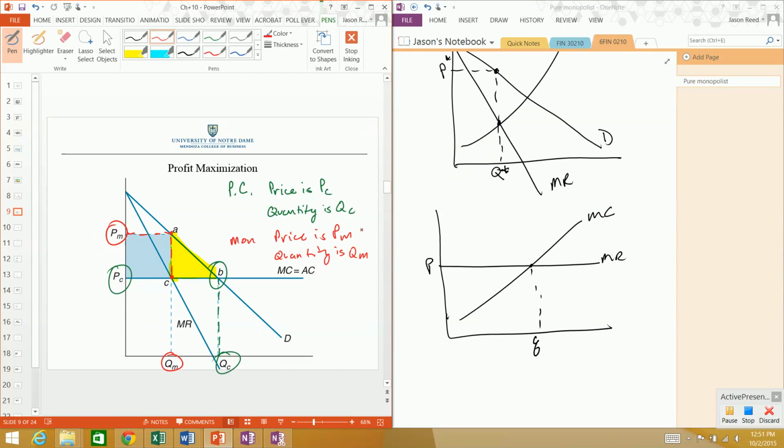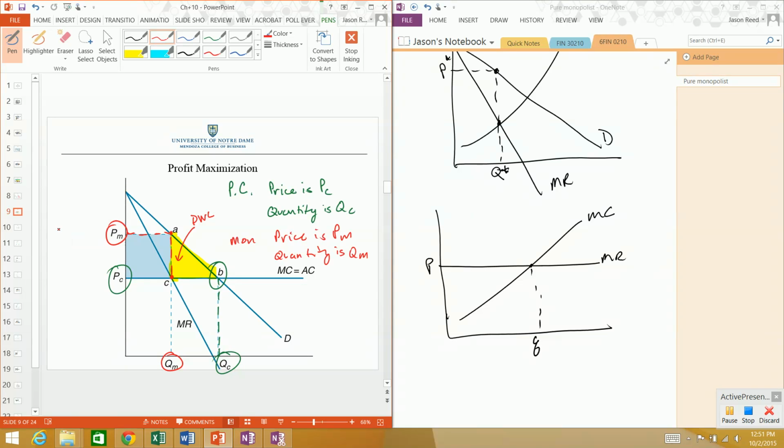And we can see that we're restricting quantity in our monopoly. As a result, if we're restricting quantity, there are going to be consumers in the market that are left out. We call this deadweight loss. So we're not able to achieve any kind of welfare from this, and we're actually losing out on it from the optimal amount.